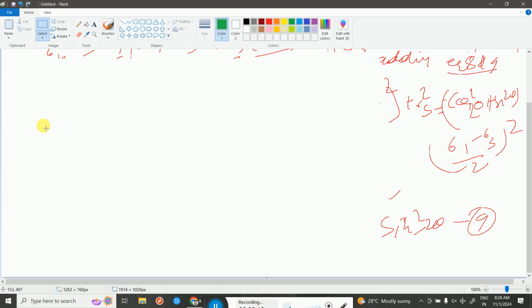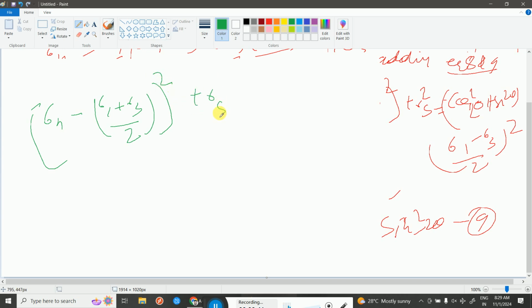Now take sigma n minus sigma 1 plus sigma 3 by 2 whole square plus sigma s square equals sigma 1 minus sigma 3 by 2 whole square.